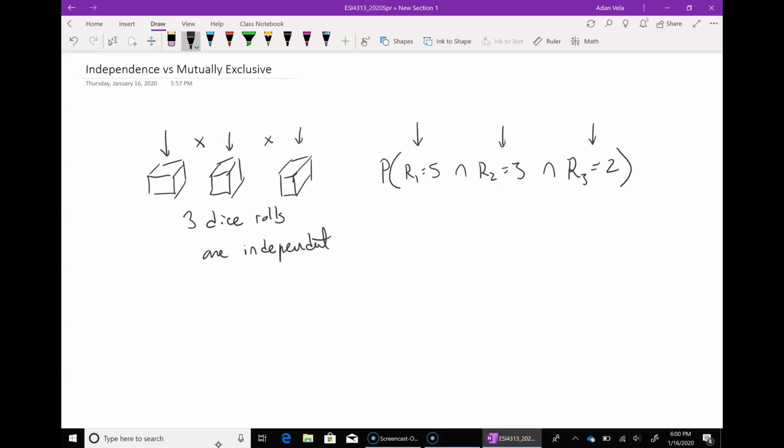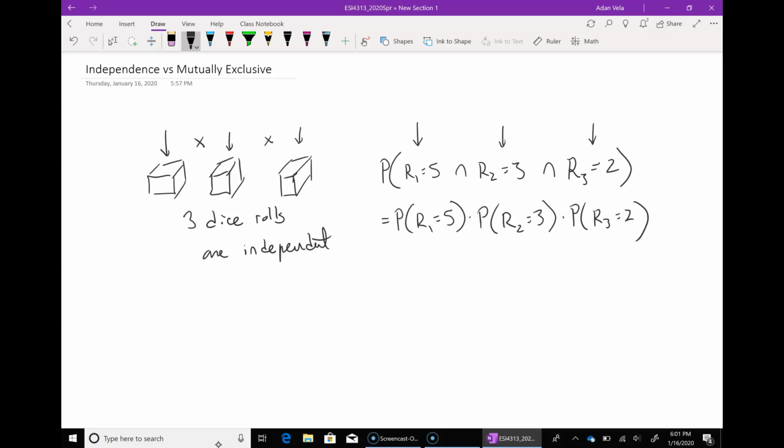The event, or each trial of rolling a die, is independent. Because of that, this probability is just equal to the multiplication of each individual probability. So again, the probability that roll 1 equals 5 times the probability that roll 2 equals 3 times the probability that roll 3 equals 2.